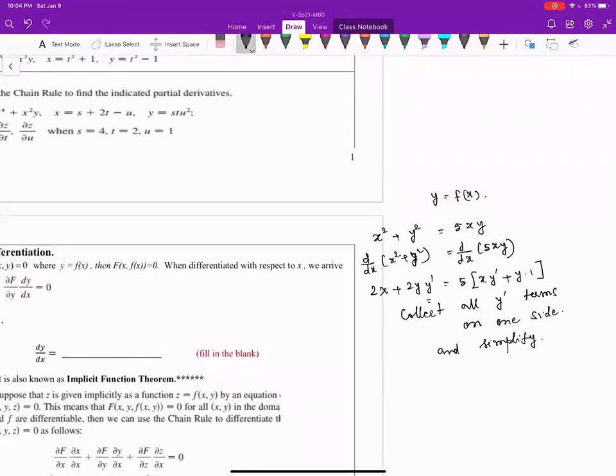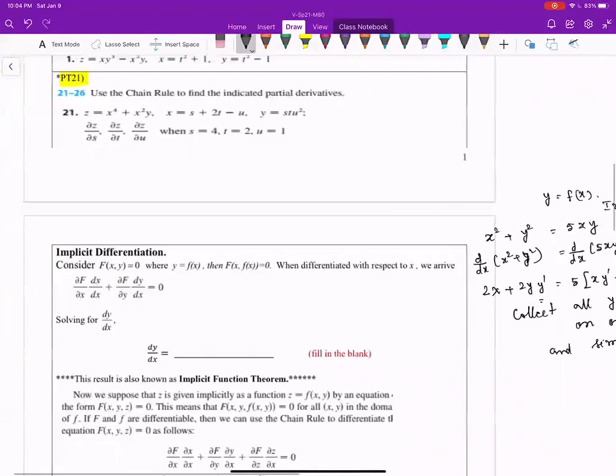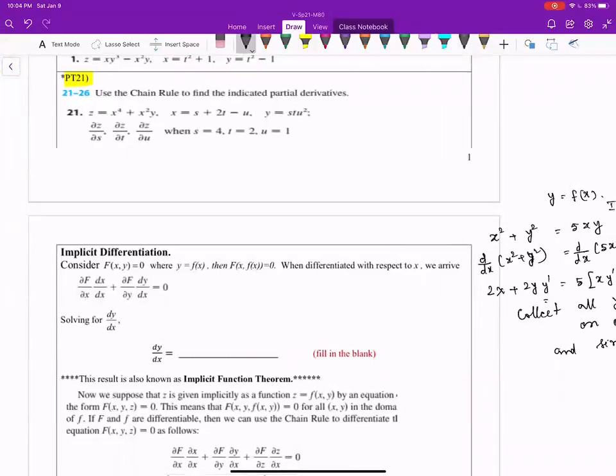So this is how you do implicit differentiation in Calculus 1. The idea is the same here also, except that we are doing this for multivariables.